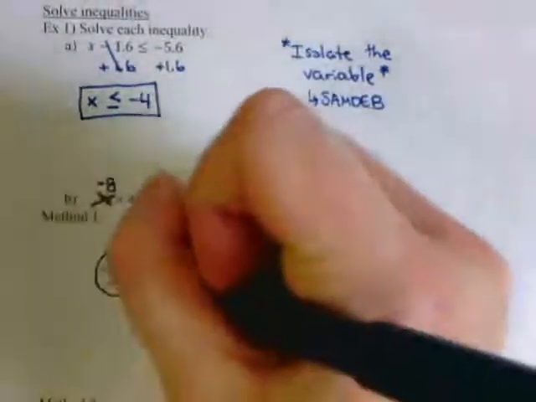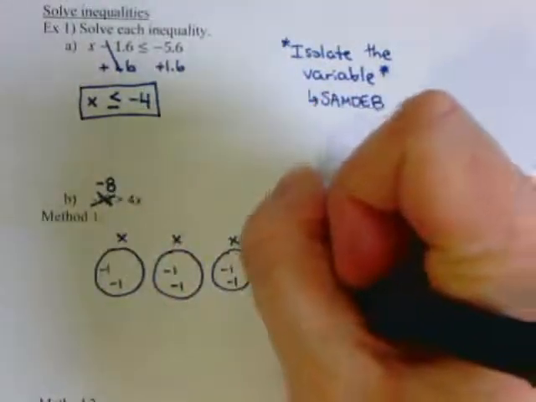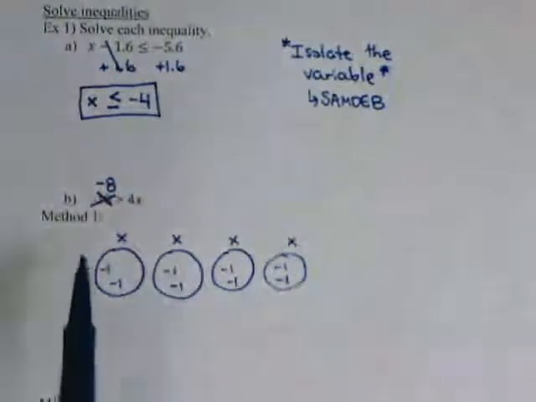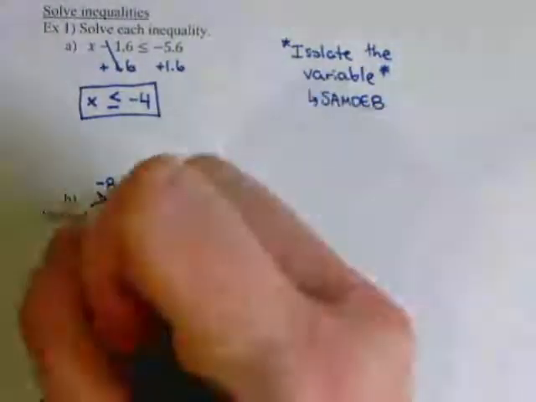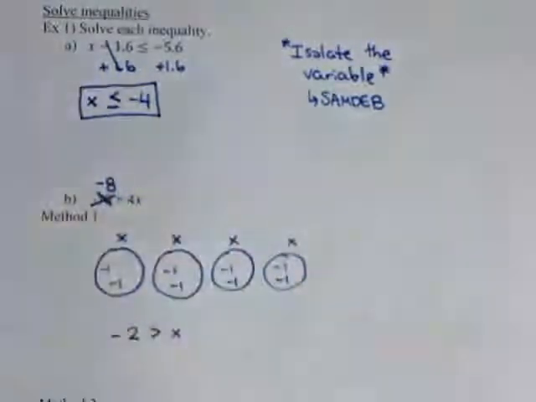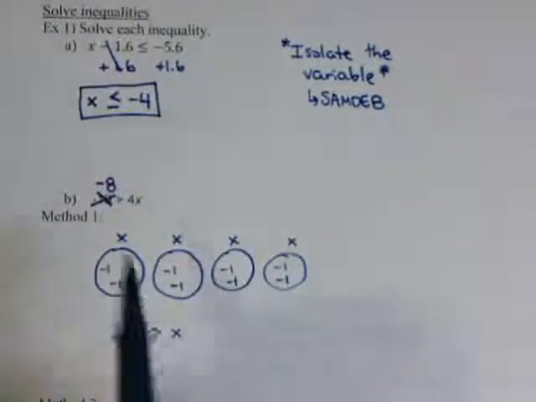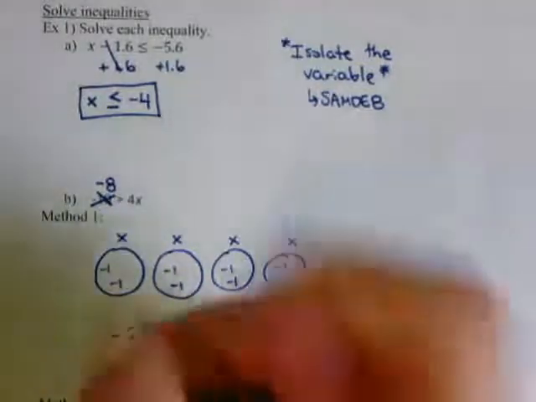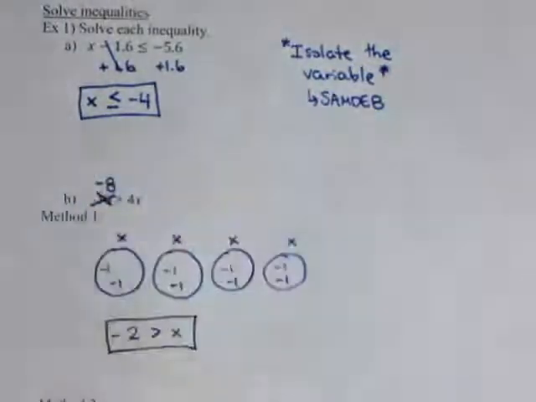And then -1, -1, -1, -1, that's -8. So therefore, our solution would be -2 is greater than x. And the reason we use greater than is because it's the same symbol here. Okay? And that would be your final solution.